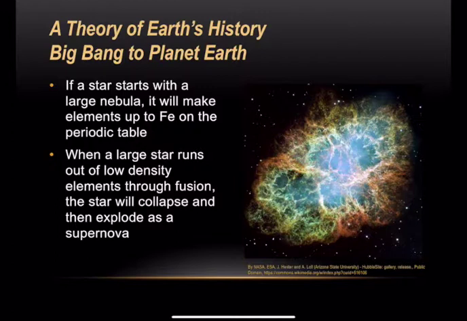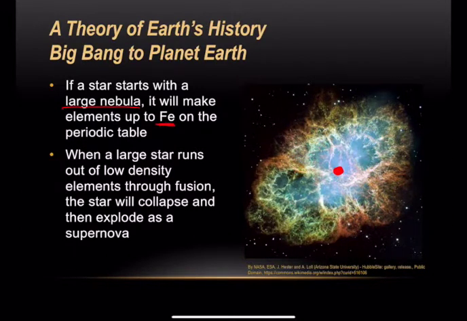If the star started with a very large cloud of hydrogen, if it started with a large nebula, then it will make a very large star, and that star will be able to create elements up to the atomic mass of iron. And at that point, in the periodic table, it will stop.